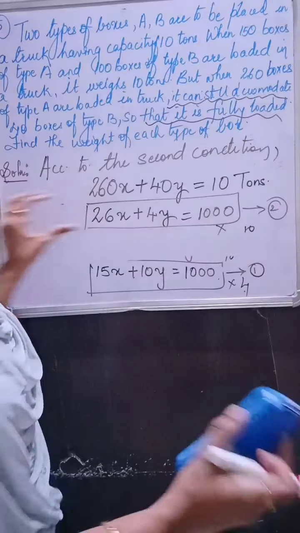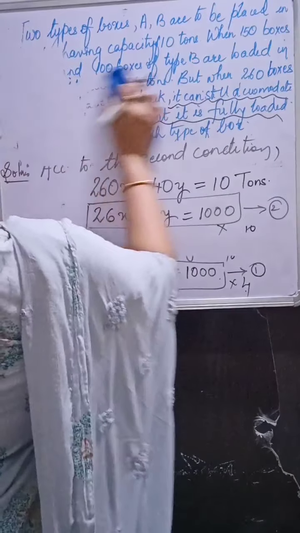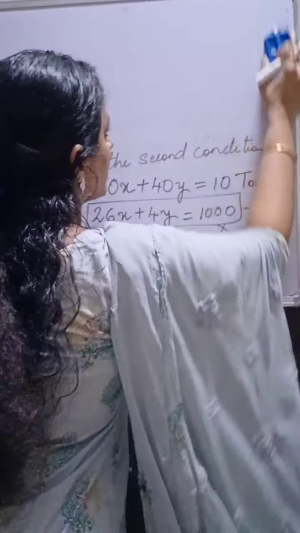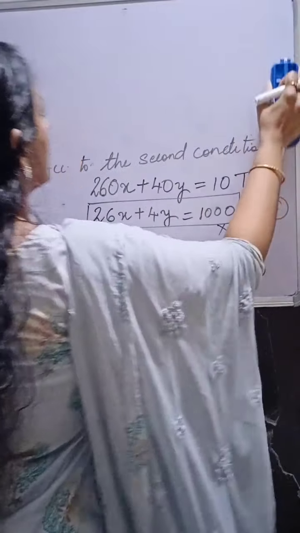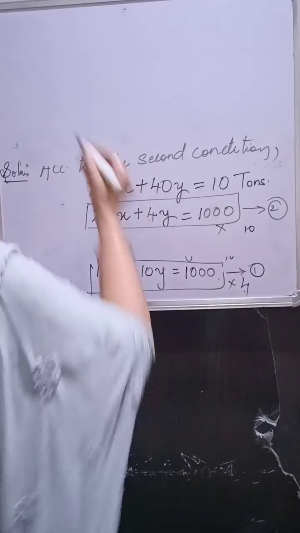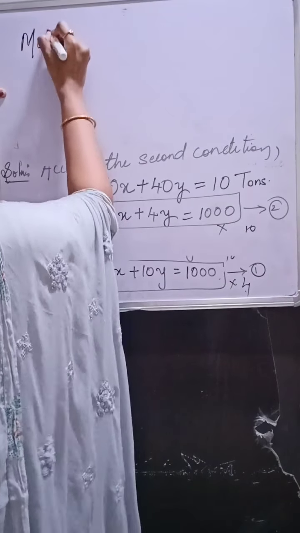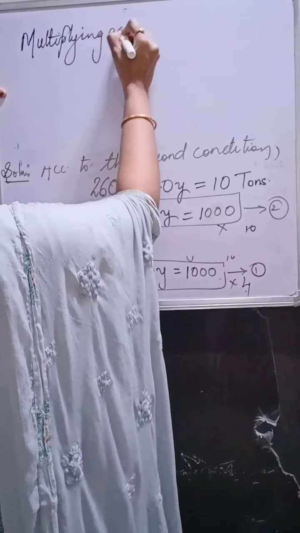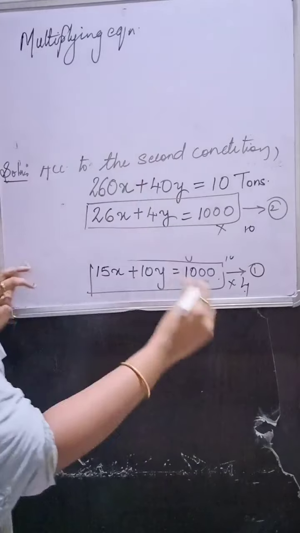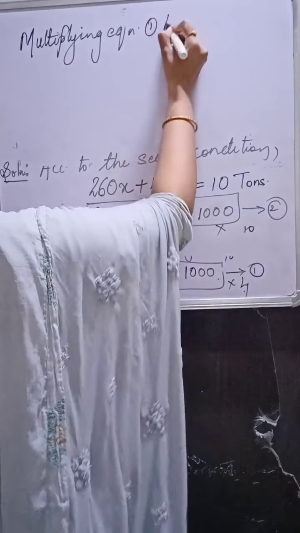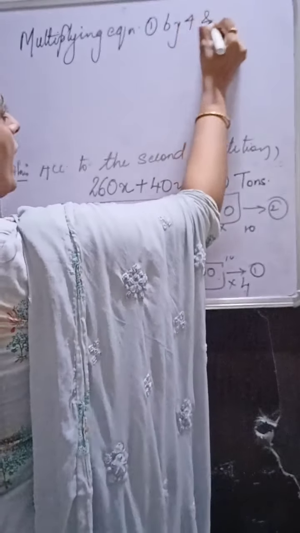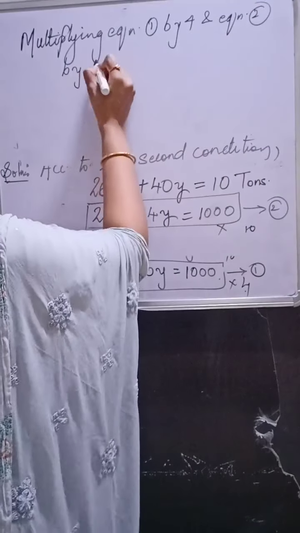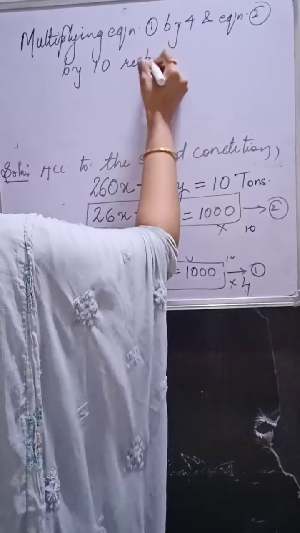So I'll delete the question now. Write down: multiplying equation 1 by 4 and equation 2 by 10 respectively.